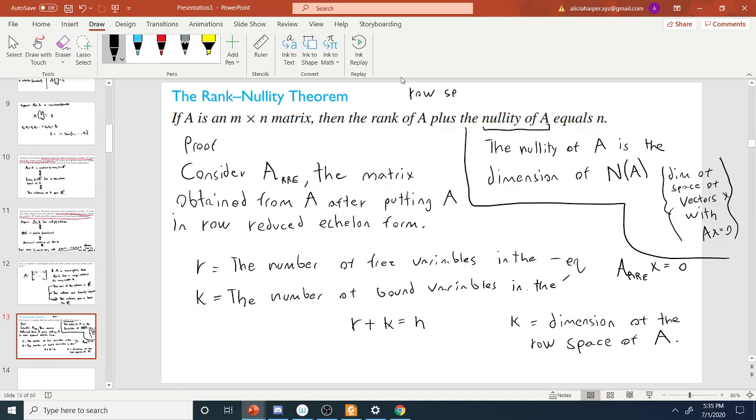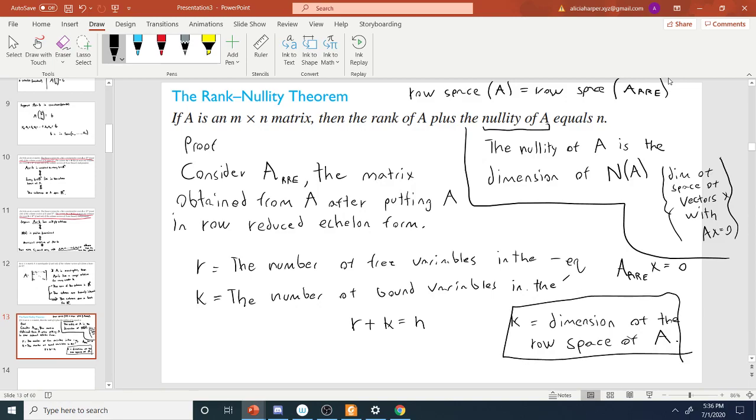So row space A is equal to row space ARRE. And in the row-reduced echelon matrix, every non-zero row is linearly independent. So for every non-zero row, you have a corresponding bound variable, a leading one. And so thus, K here is the dimension of the row space of A.